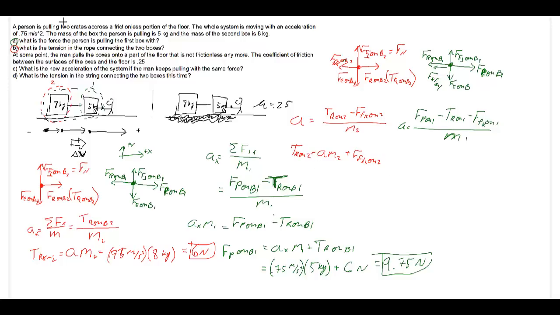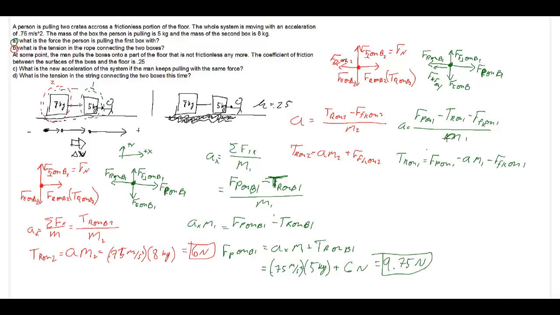And then solving for the tension on 1, we get the force of the person on 1 minus A times M1 minus the force of friction kinetic on 1.